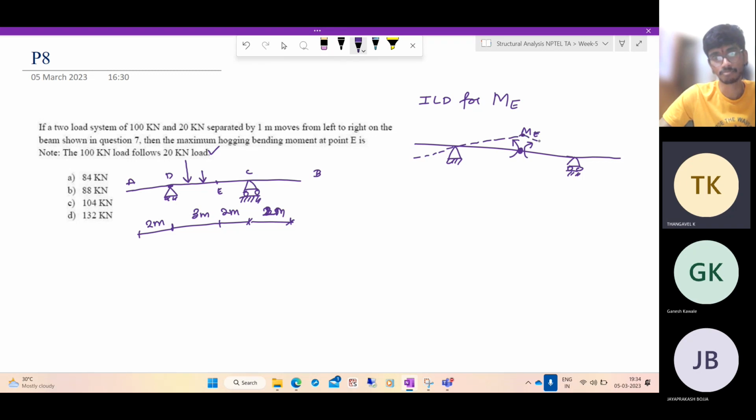But it has to be connected at this point since we have not released the shear force like this. So again, the moment diagram will be something like this.